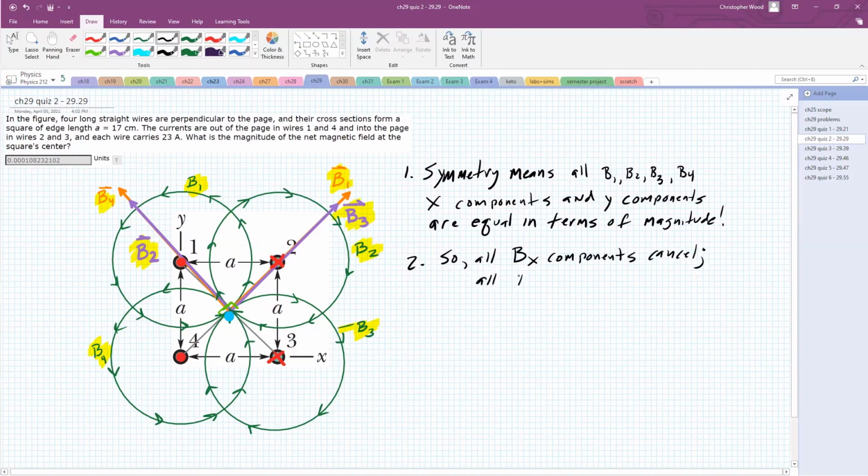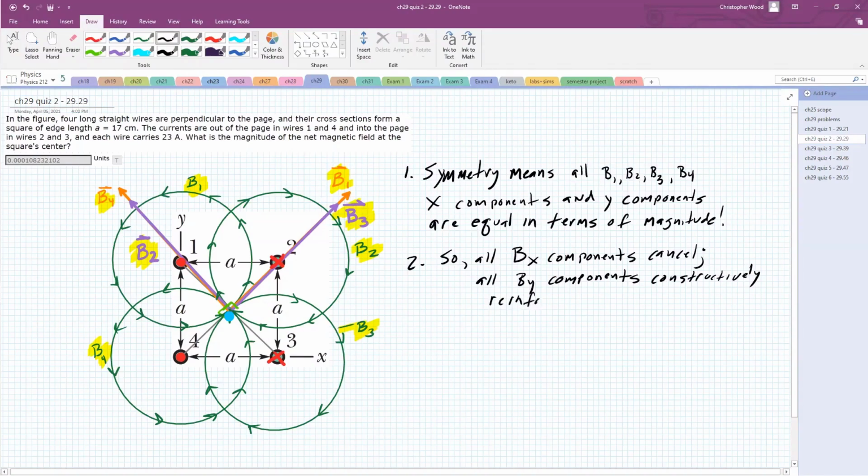All BY components, and I'll use that term because that's a term that does come up, all BY components constructively reinforce, to use a wave dynamics term. Constructively reinforce.